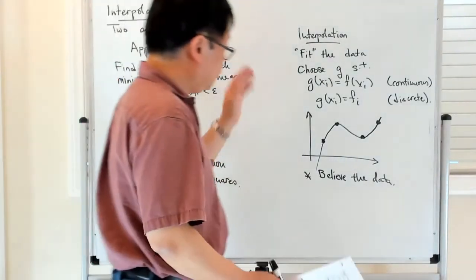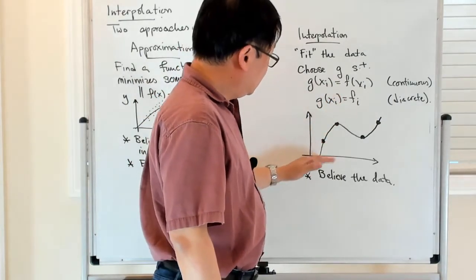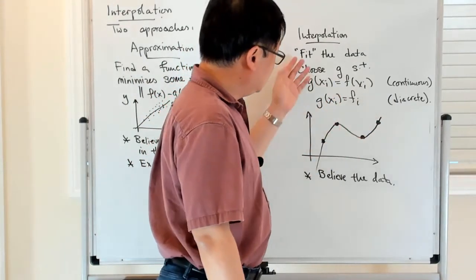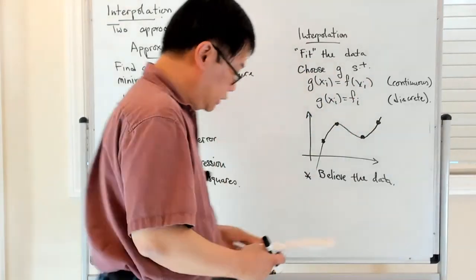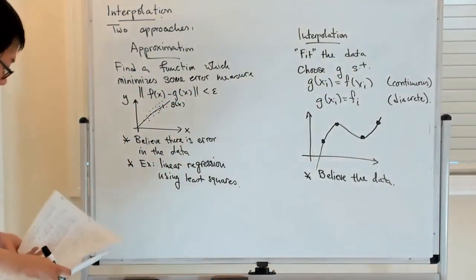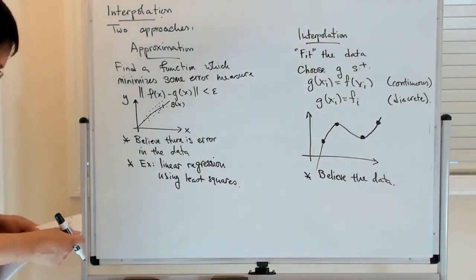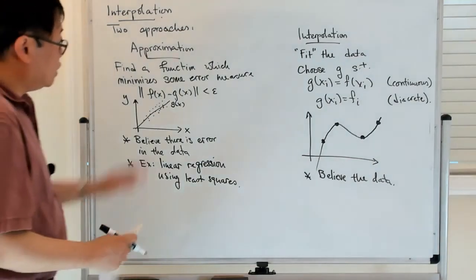But if you absolutely believe in the veracity of your data, then you want the function to go through all the data points. So approximation versus interpolation. All right, let me just stop here for now.